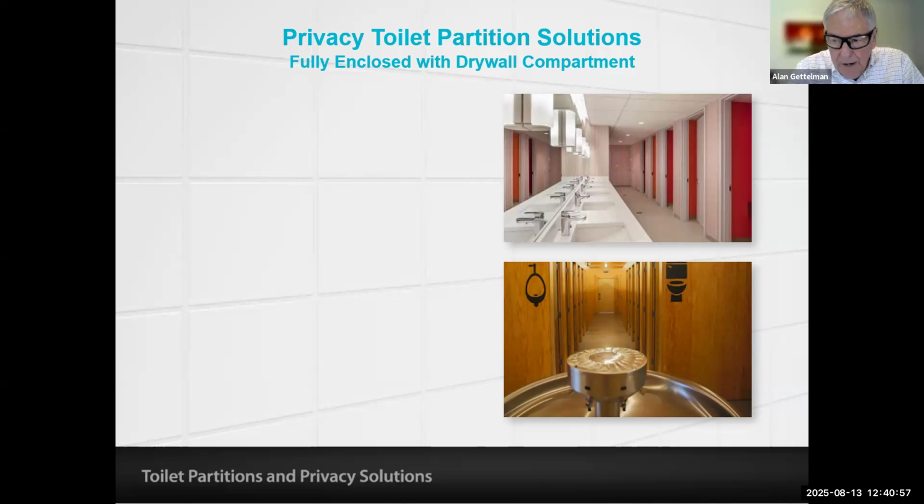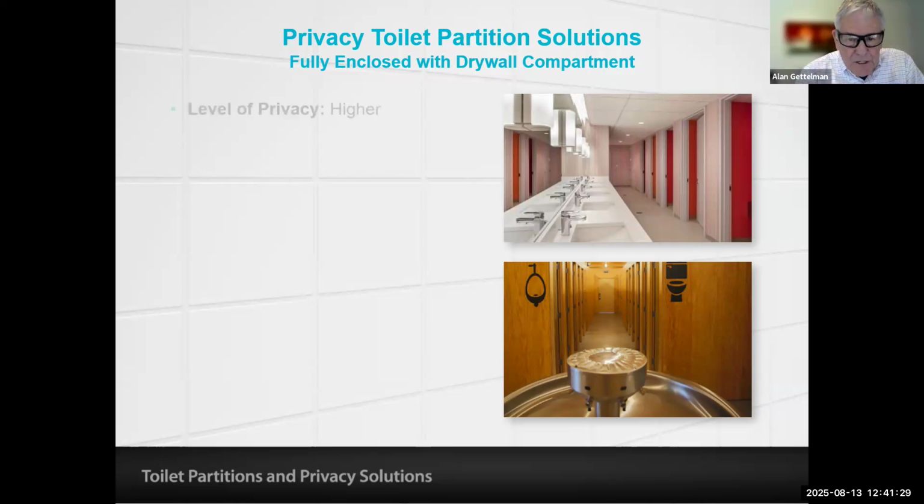So there's a couple of photographs here that show a bank of lavatories opposite individual toilet rooms at the top. And at the bottom, we have a circular wash fountain in front of two panels of toilet compartments. One is toilets only on the right side, and the other is urinals on the left side. So these are both all gender expressions of public restrooms.